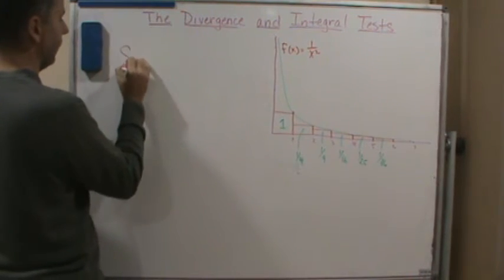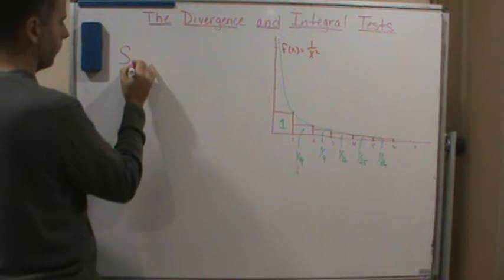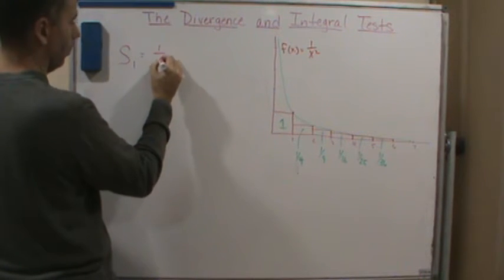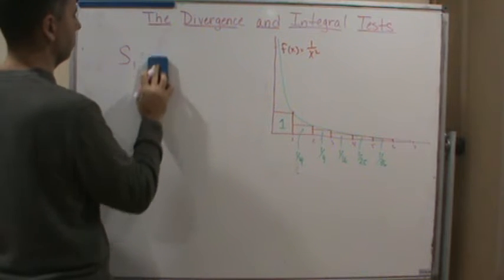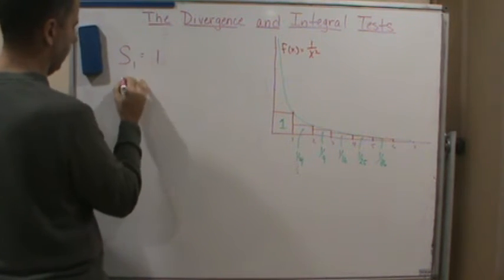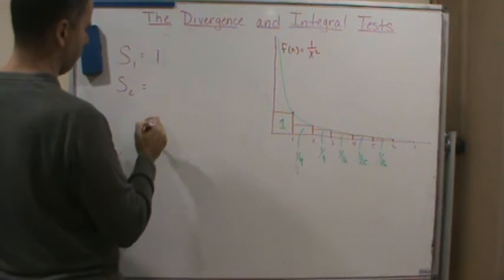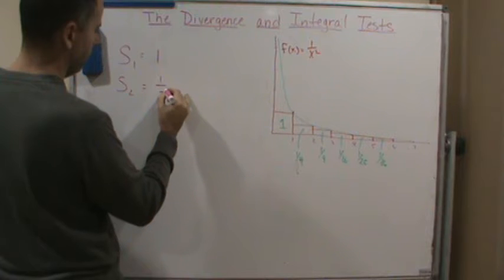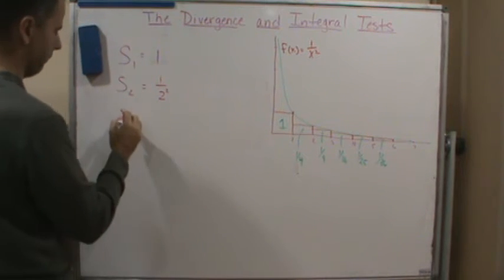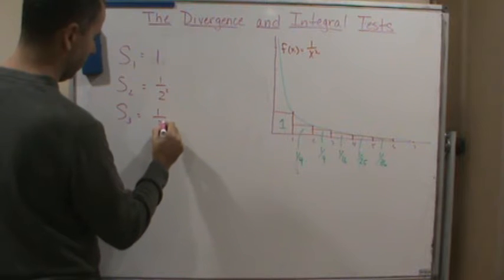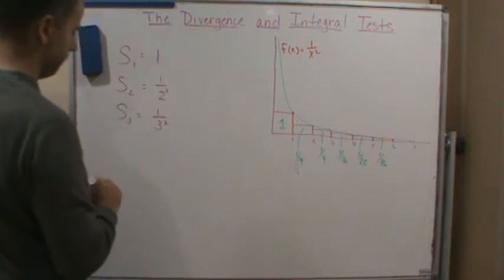So we've got S1 equals 1, right? And then S2 equals 1 over 2 squared. And then S3 equals 1 over 3 squared.